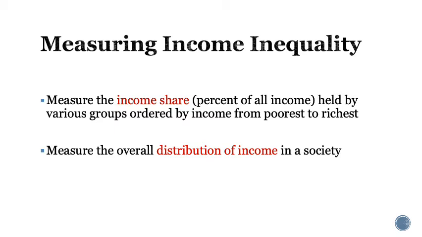For example, the bottom 20%, the middle 20%, the top 1%, etc. Or the other way is to measure the overall distribution of income in a society. We will think about both of these measures and look at income inequality in the US and in the world.